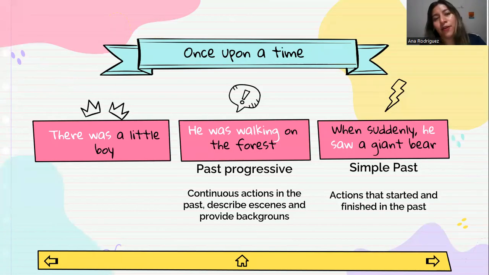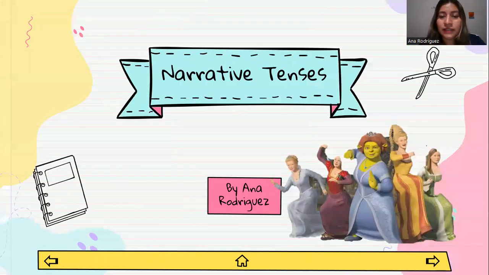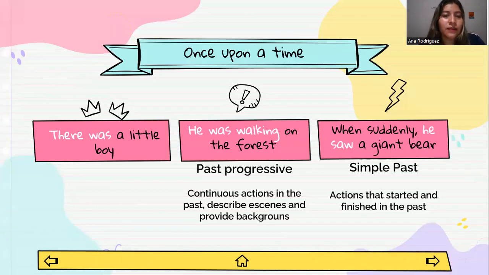And I'm sure you have seen this in many fairy tales or even in movies, right? So, once upon a time. When we talk about narrative tenses, we know that we are going to be using simple past, past participle, and also other tenses.